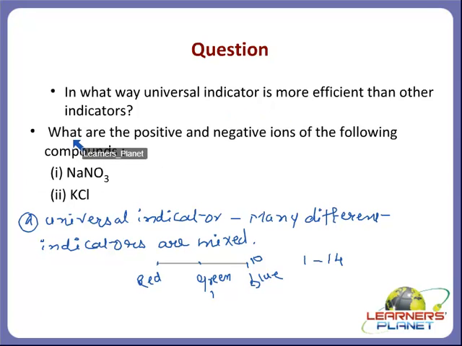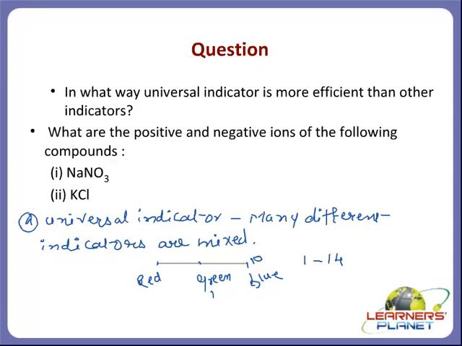Now our next question is, what are the positive and negative ions of the following compounds? Sodium nitrate and potassium chloride. I think it's a very easy question. By seeing the compound, you can make out the ions.